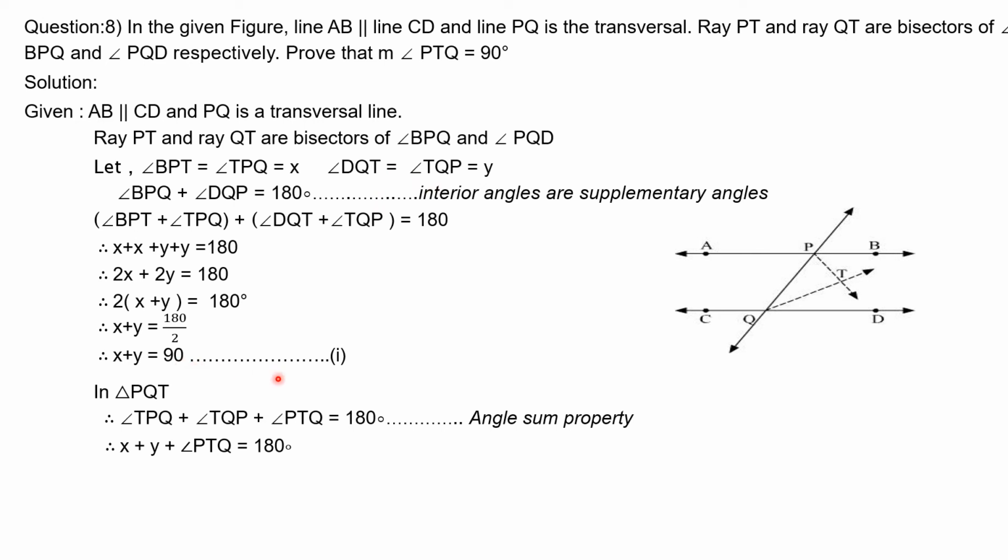So from equation number 1, x plus y is equal to 90 degrees plus angle PTQ is equal to 180 degrees. Therefore, angle PTQ is equal to 180 minus 90, and our answer is 90 degrees. So therefore, angle PTQ is equal to 90 degrees.